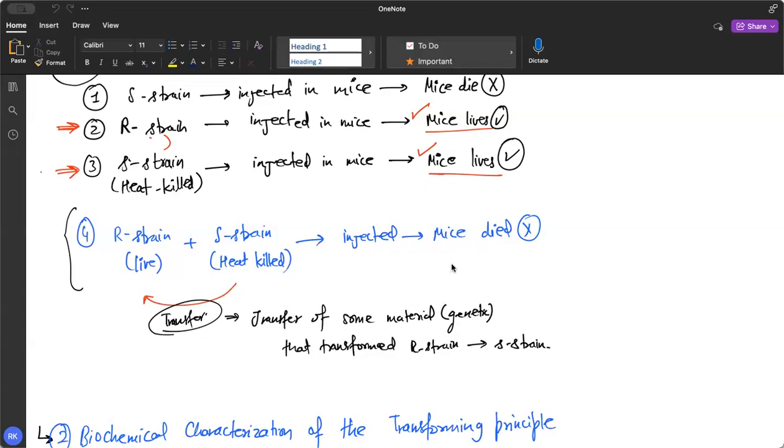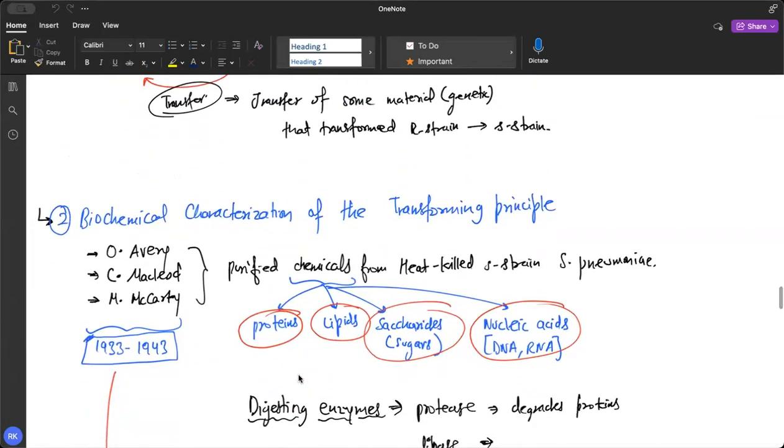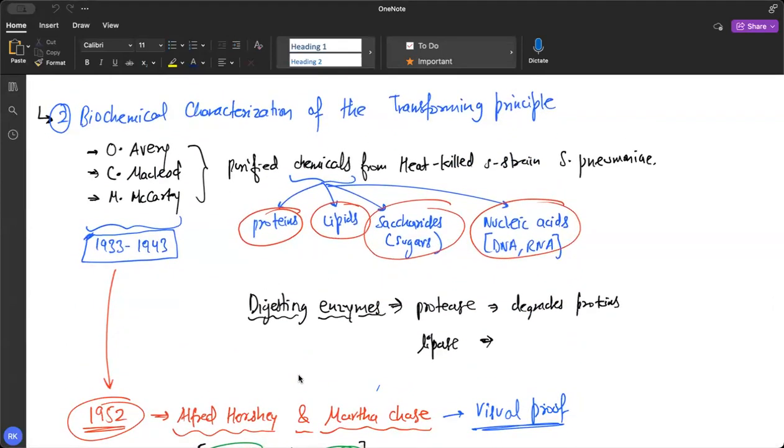This property of virulence can only be transferred through something as powerful as the genetic material in the cell. So he said that this is the genetic material, and it allows transformation of the R strain into the S strain. He gave this transforming principle, but it was still not known what the genetic material is and how it does this transformation.